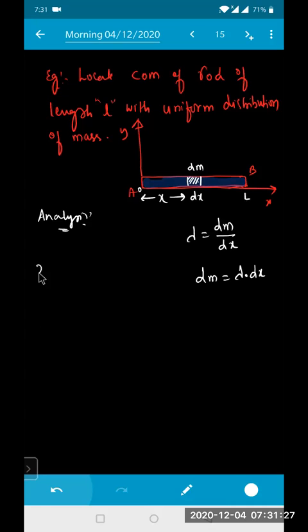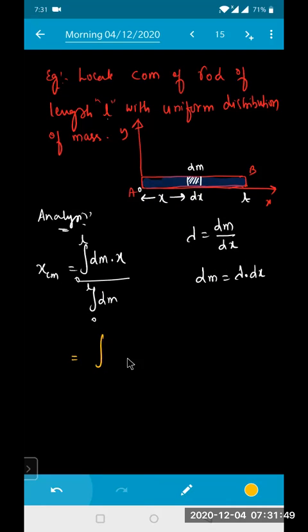So xcm is equal to integral of dm into x divided by integral of dm. The limits are 0 to L, since the total length of the rod is given as L. Now substitute the values.